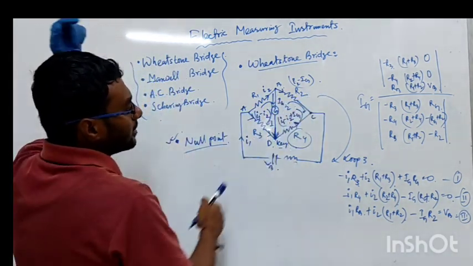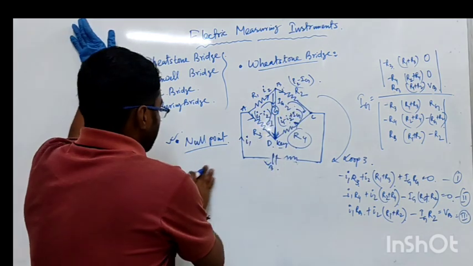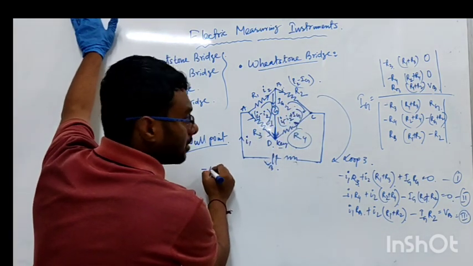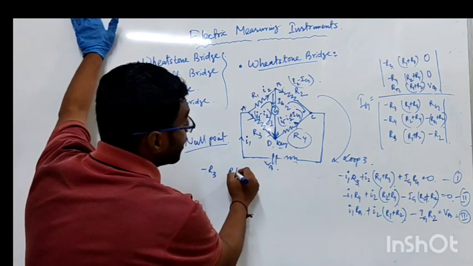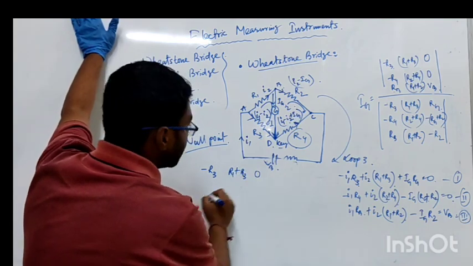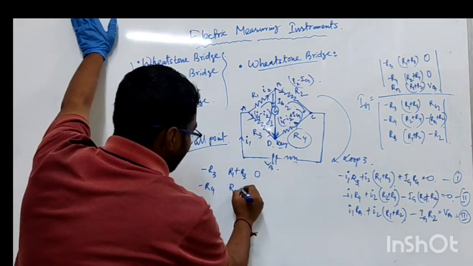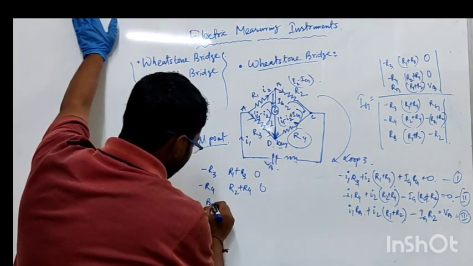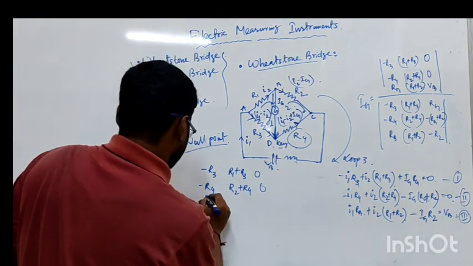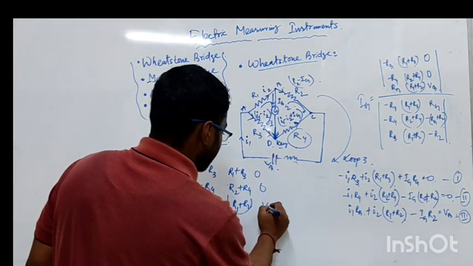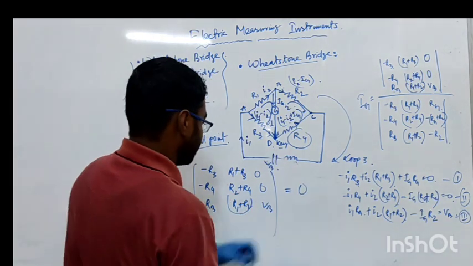If we see the upper part of this fraction, that will be minus R3, R1 plus R3, 0, R4, R2 plus R4, 0, RB, R1 plus R2, VB should be equal to 0.